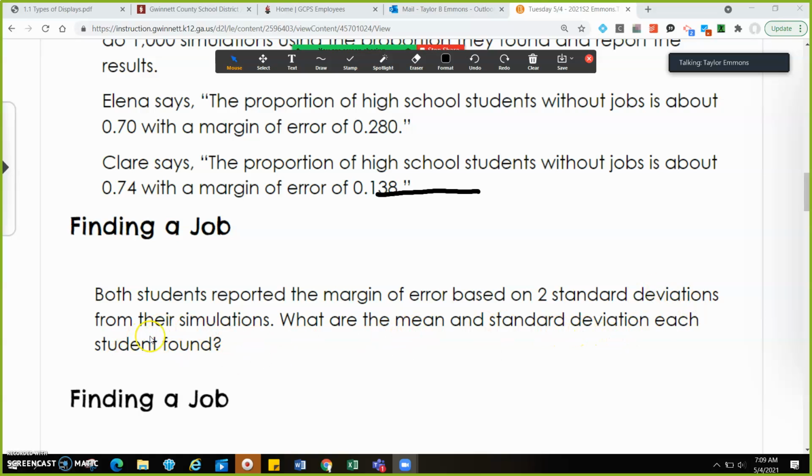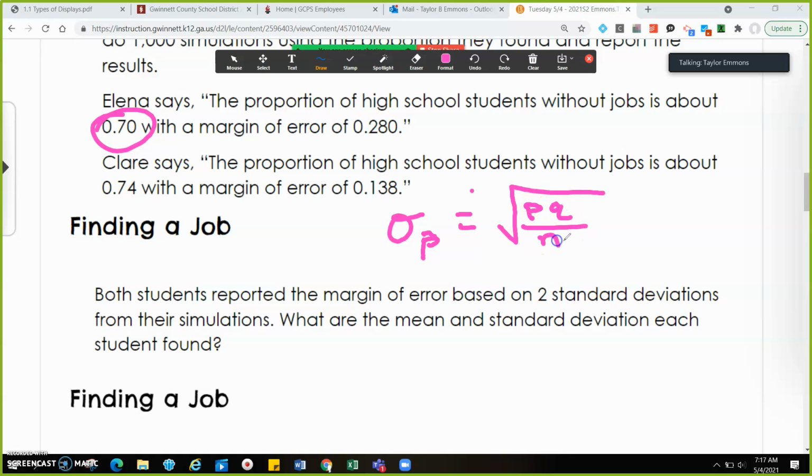Okay, so we learned yesterday. What we're going to do is take this proportion right here, and we're finding the standard deviation. Since this is a proportion, we're going to use sigma p hat. We're going to take the square root of p times q divided by n.